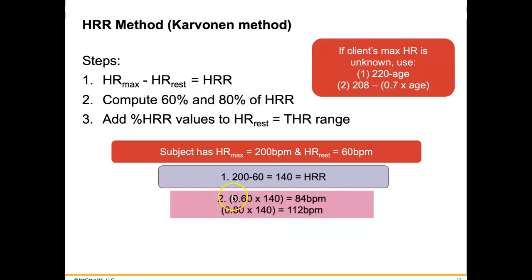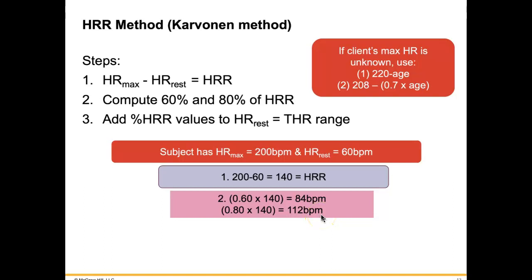So we take 0.6, representing 60%, and multiply it with our heart rate reserve that we just calculated up here. That gives us 84 beats per minute. If we compute 80% of that, we take 0.8 and multiply it by 140 beats per minute, which gives us 112 beats per minute.